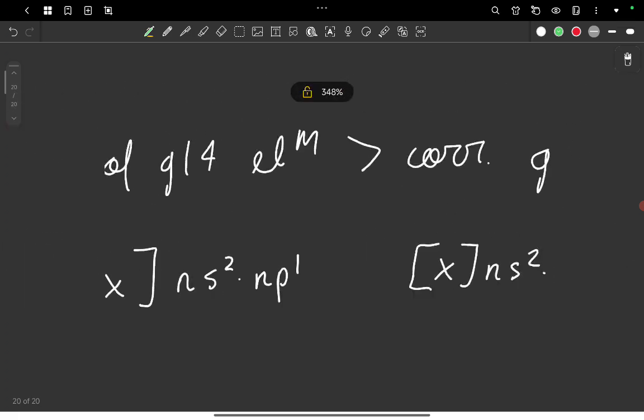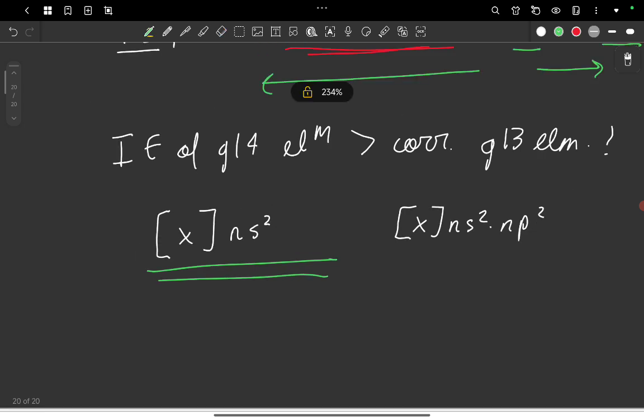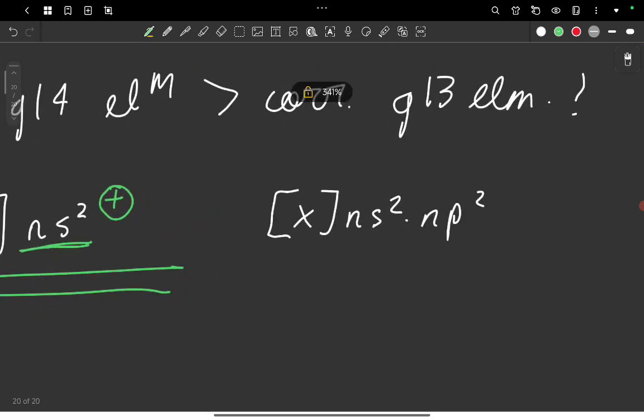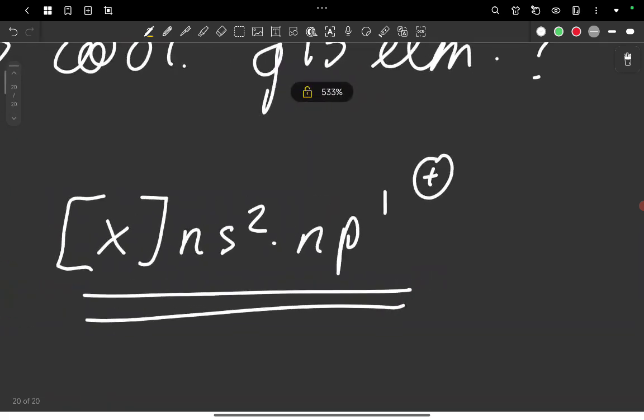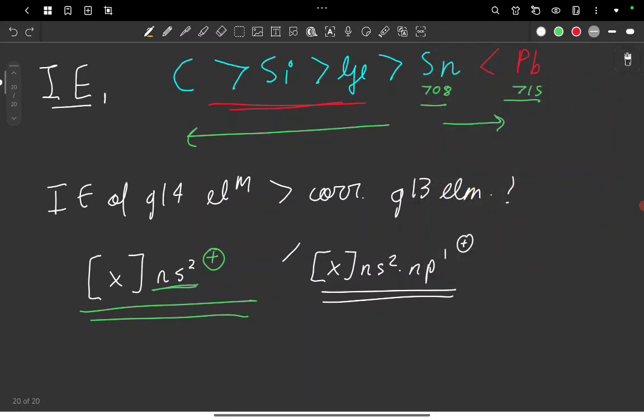Now here you can see that if I remove an electron from the group 13 element, it loses its p electron, and this subshell just vanishes, and we are left with something which has a positive charge and a fully filled s orbital. But here, if we take away one electron from the group 14 element, we are left with np1 with a positive charge. So this does not give us anything significant, only the two fully filled s orbitals and one estranged electron, which is not appreciated by the dynamics of our universe, and hence the ionization enthalpy of the second is greater than the first.